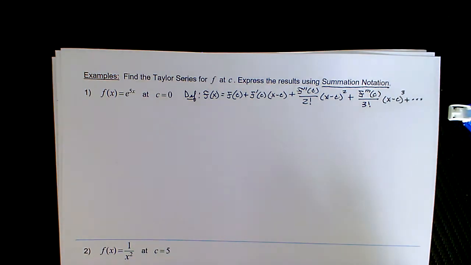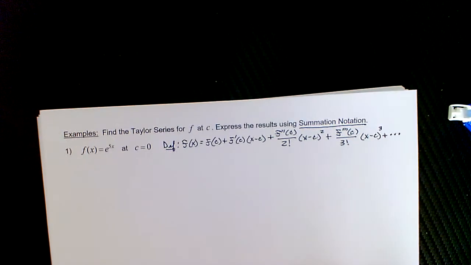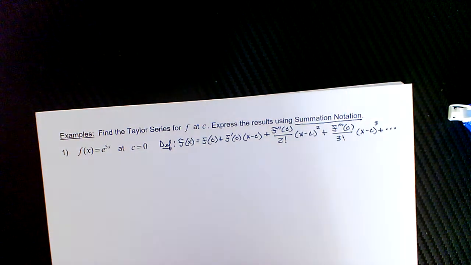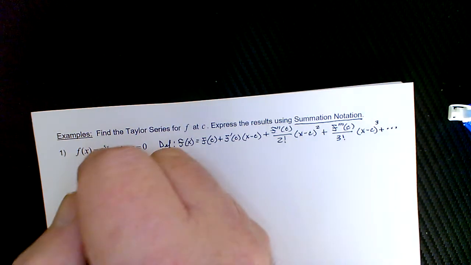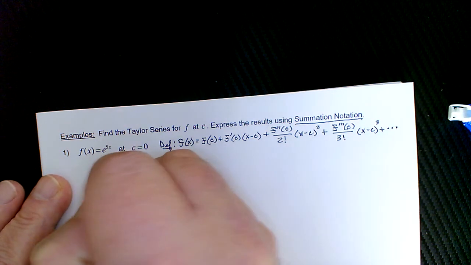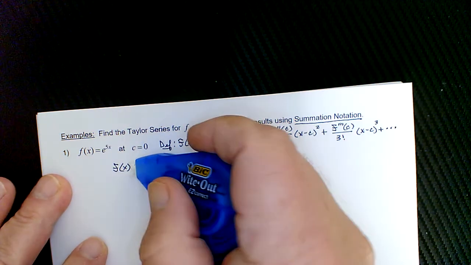So as opposed to a polynomial where we were able to just stop after the third derivative, here we're asked to give the infinite series. That's why it says summation notation. But the procedure is the same. That is, we start with 2 columns, one with the function and some of its derivatives.